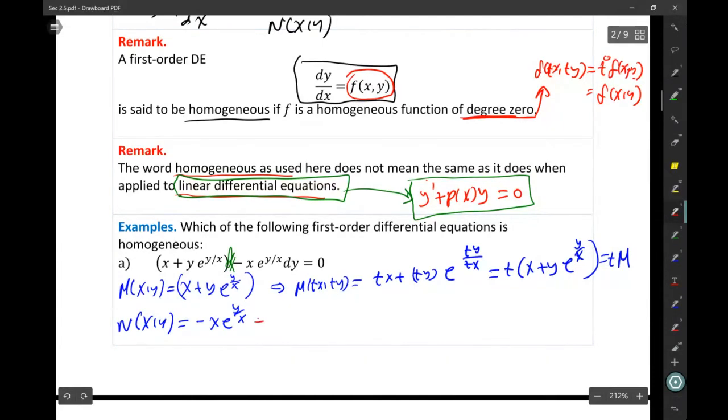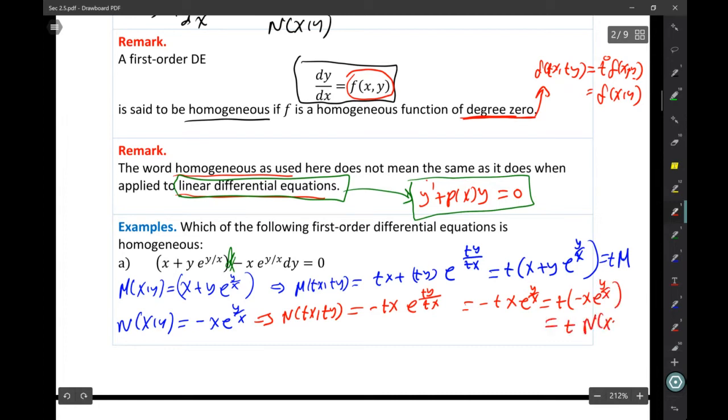Let us check n. Now n of tx, ty equals minus tx times e to the power ty/tx, which equals minus tx e to the power y/x, which equals t times (minus x e to the power y/x), which is equal to t times n of xy.